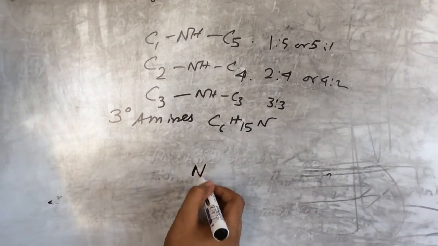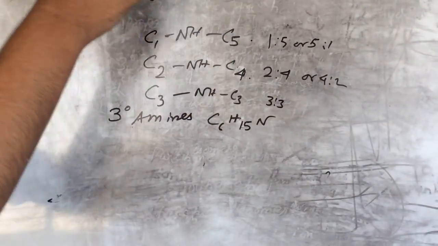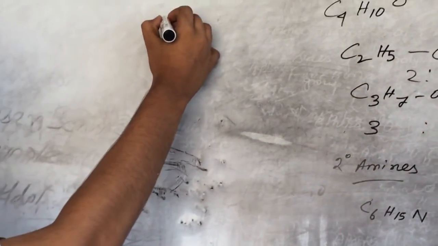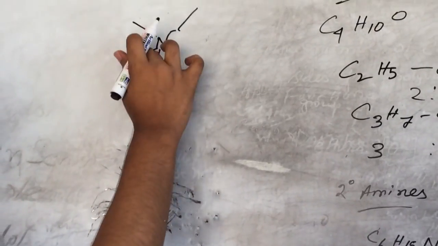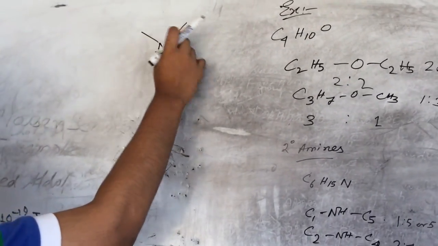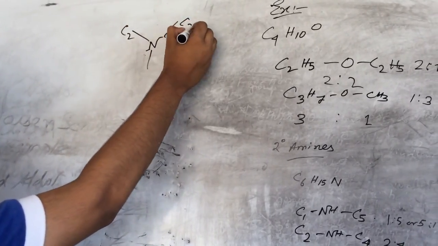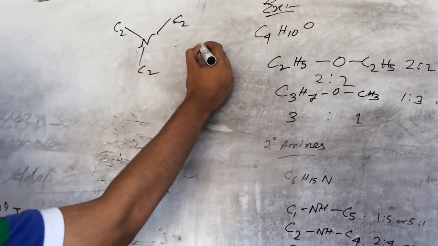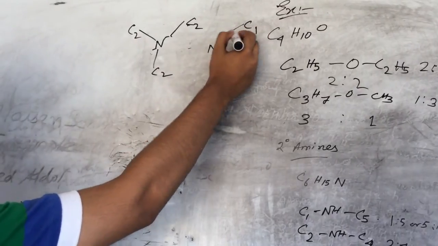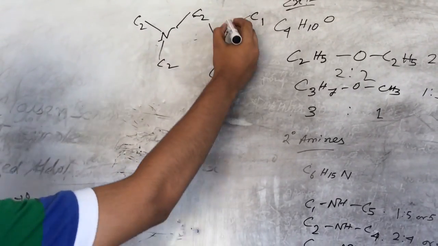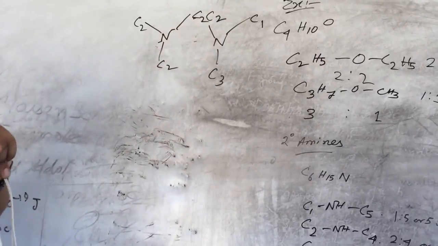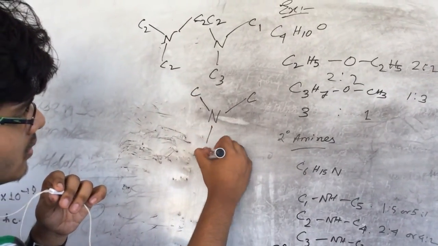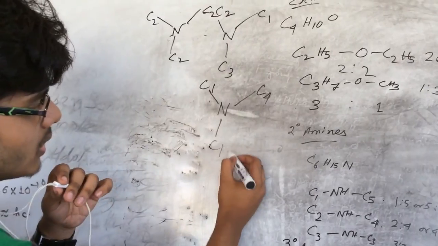So this can be C2, C2, C2, or C3, C2, C1, or C4, 1, 1.